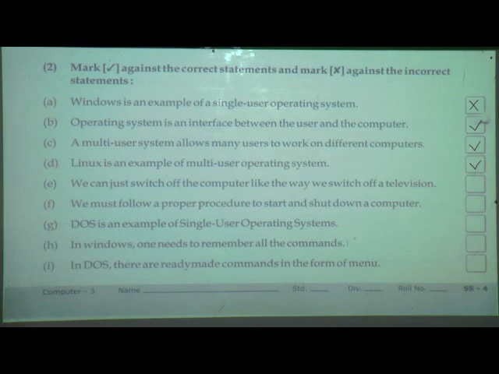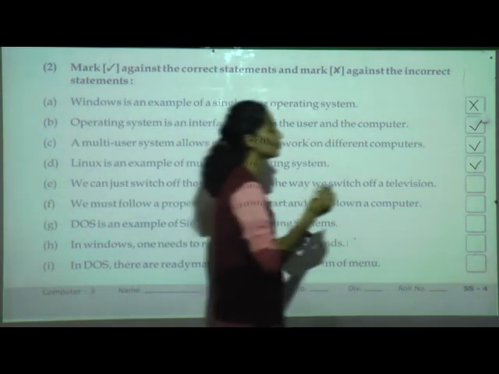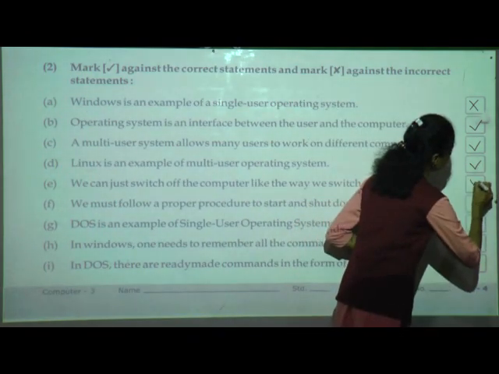How we switch off the television? By clicking the off button only directly. Like that we can switch off the computer. It is good way to switch off the computer. No, then this sentence is right or wrong? Wrong. This is the wrong sentence. Then we must have to cross it.